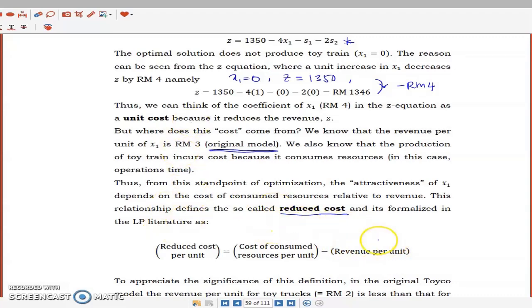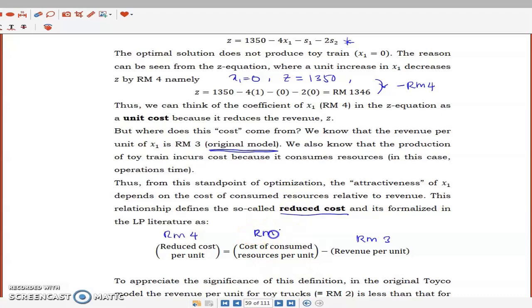We know that revenue per unit of train is 3 ringgit and reduced cost is 4 ringgit. So what is the cost of consumed resources per unit toy train?